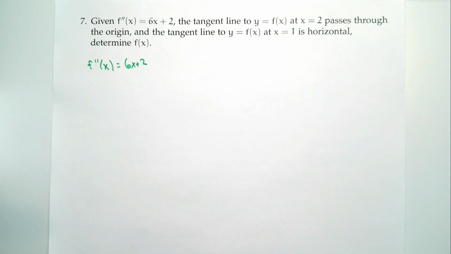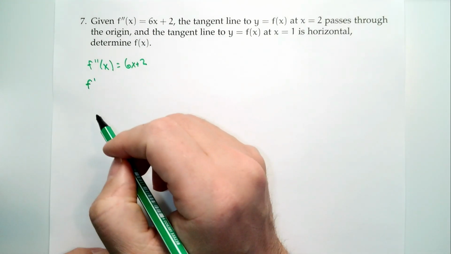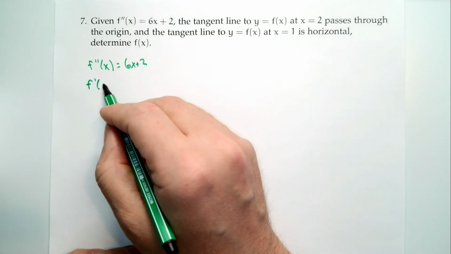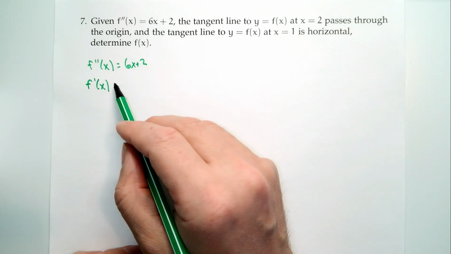Now, if I want to get to f of x, and I have f double prime of x, I sort of want to step my way up. So, for instance, an intermediate step would be f prime of x. So, take the antiderivative of 6x plus 2.